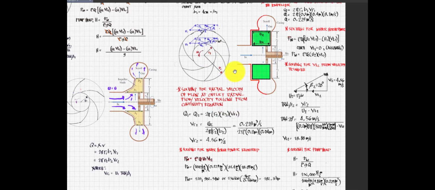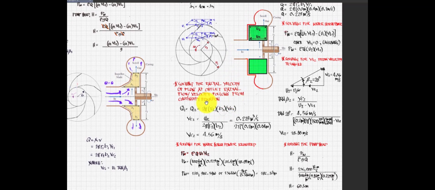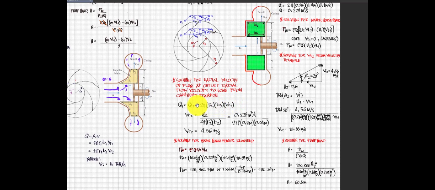So since the problem given has the same thickness ng blade dito, we were able to use the same also. So from there, since this one is given, this one is given, and this one is given, we were able to solve yung velocity of the fluid flow at the outlet. So nakuha na natin yon, which is 4.56 meter per second.